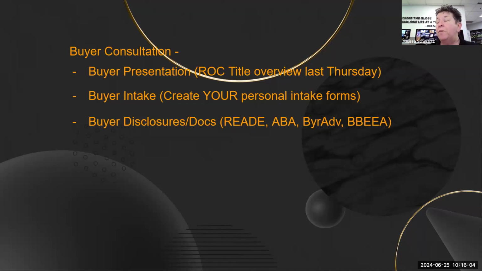But the intake form basically is a form that has the buyer's names, both names, and their full legal names. So when you get ready to write a contract, you actually know whose names you're writing down, and you don't miss the junior or the middle name or middle initial.